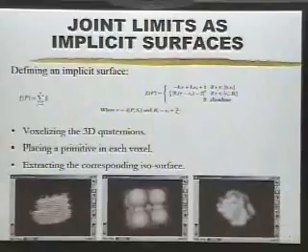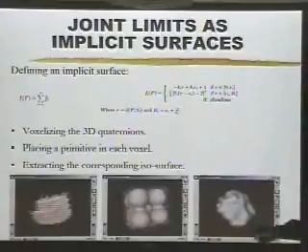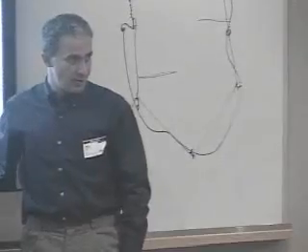And since we like implicit surfaces, what we've done is to fit an implicit surface to this, so that we have a representation in terms of some field: if it is negative, it's a permissible position. When it becomes 0, you are at the limit, and when it's positive, you are in a not humanly possible position.